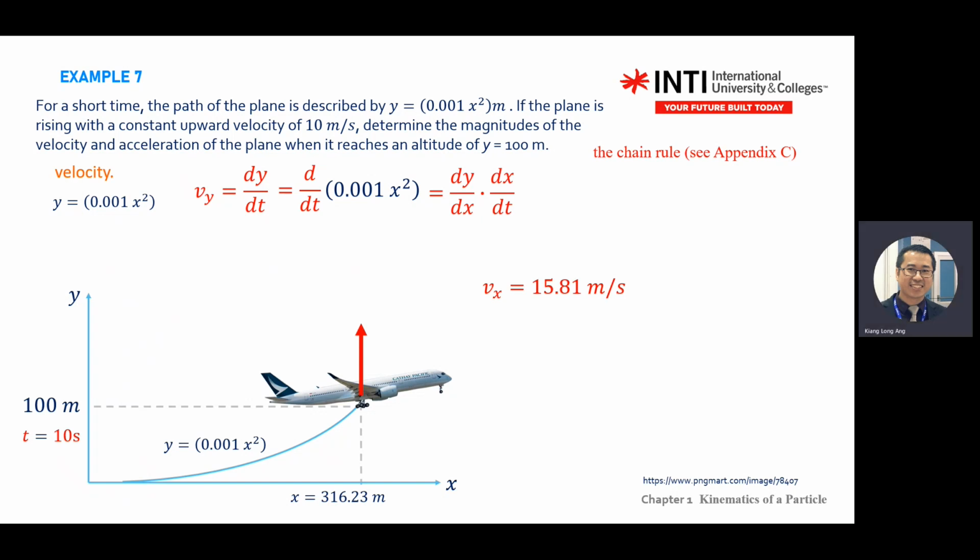It depends on what you want to find. In this case we want dy/dx times dx/dt because we have dy/dt. Go and read the chain rule.